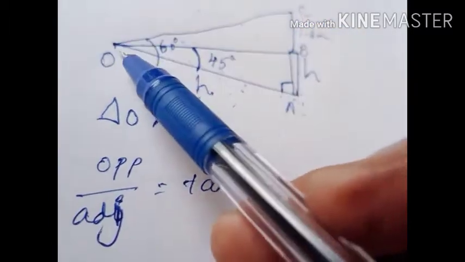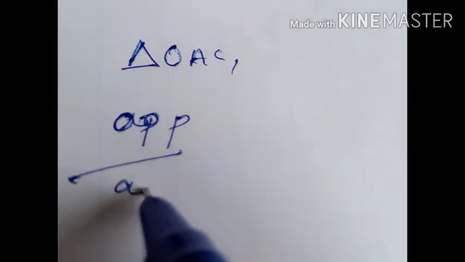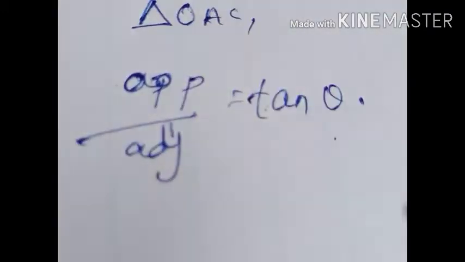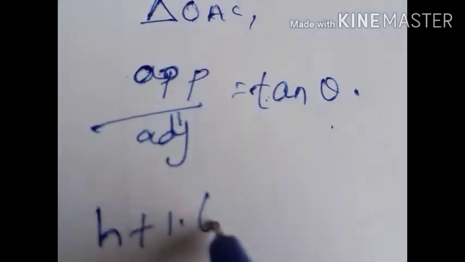Next we can consider the right triangle OAC. From triangle OAC, we can take opposite by adjacent. Opposite by adjacent is equal tan theta. Here opposite is h plus 1.6.